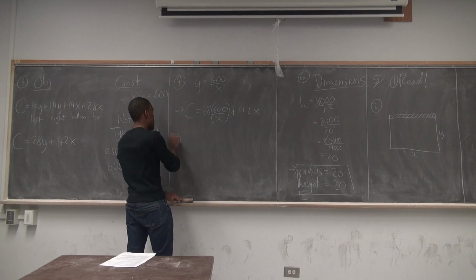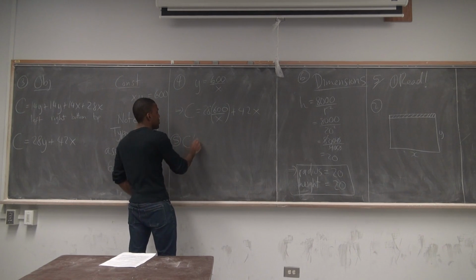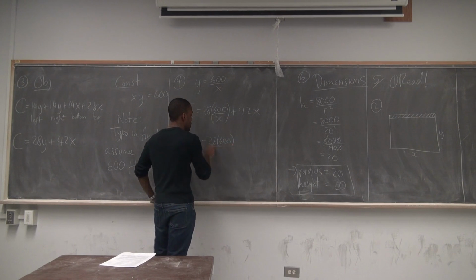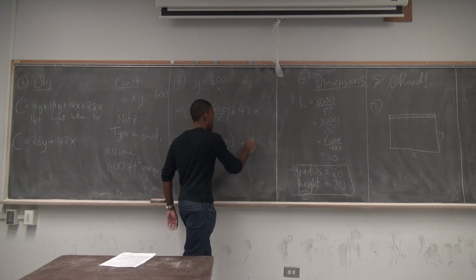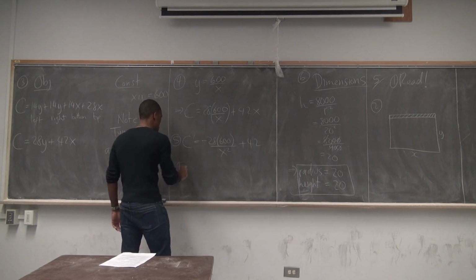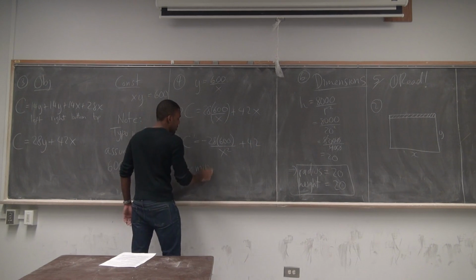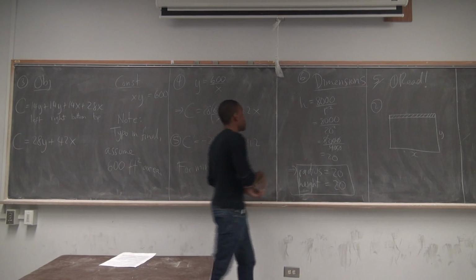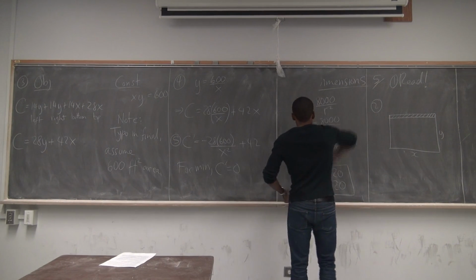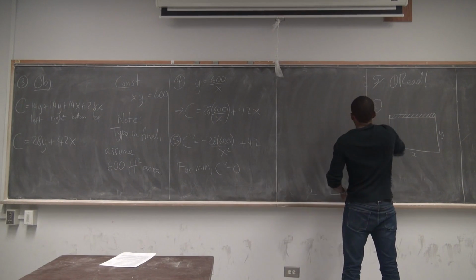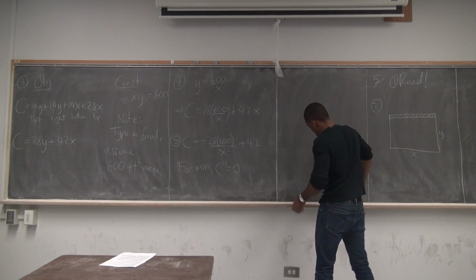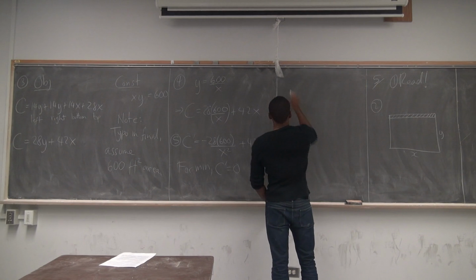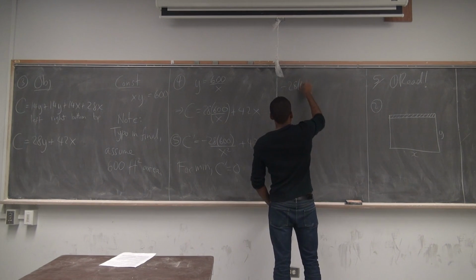This brings us to step 5. We're going to find the derivative. We want to minimize the cost, so for a minimum, set C prime equals 0. So this has a nice solution.